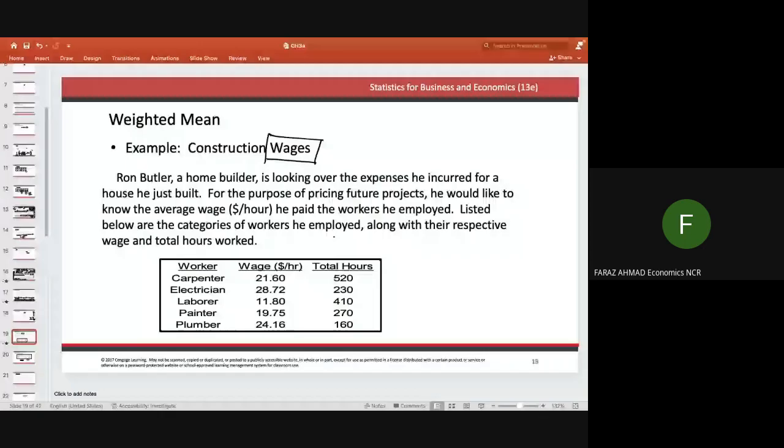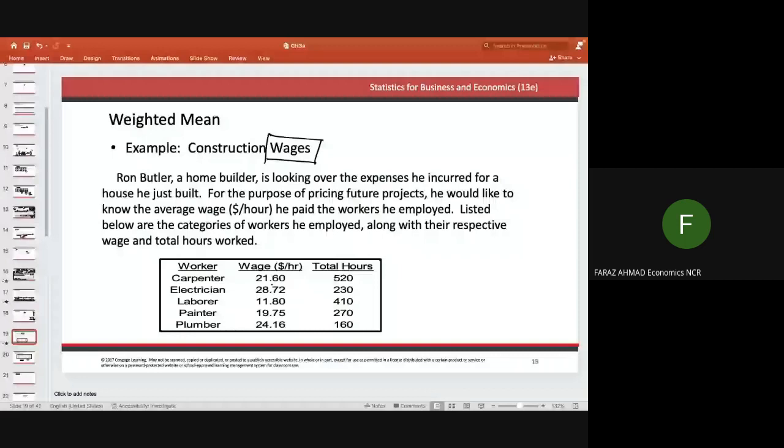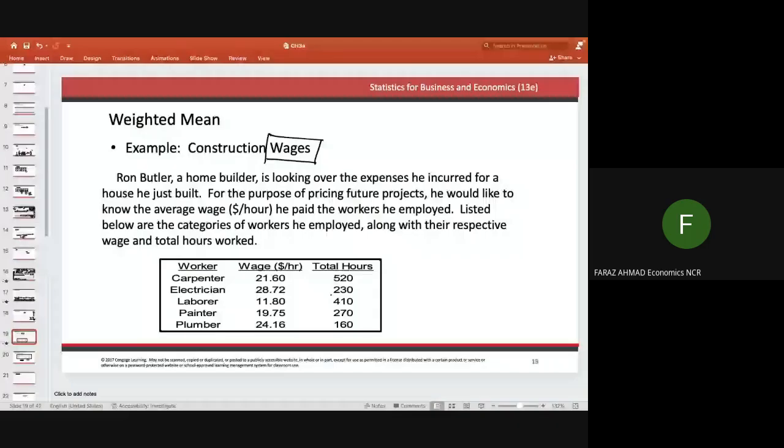Listed below are the categories of workers he employed along with their respective wage and total hours worked. There was a carpenter, who got $21 per hour as wage and worked for 520 hours.